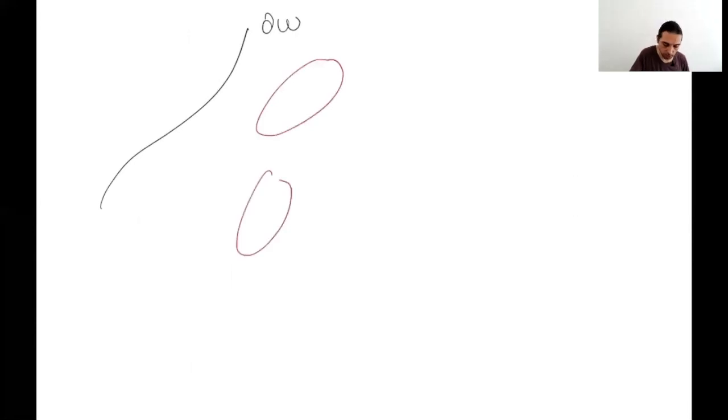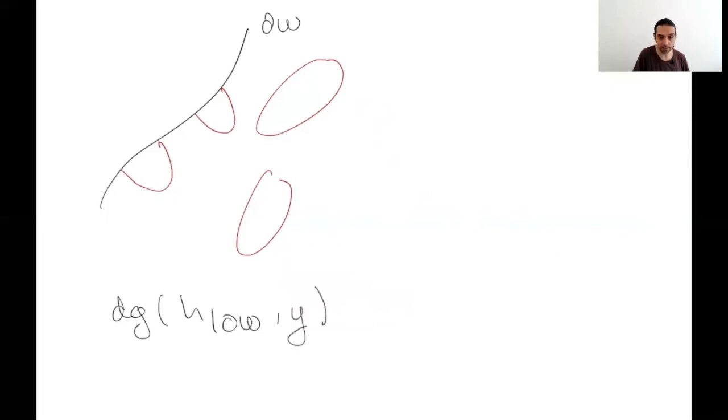Some of them are circles contained in the interior, and some of them are arcs. And what happens when we consider the degree of the restriction of H to the boundary for the value y is that these points in the preimage of y in the boundary of W come in pairs. And in every one of these pairs, in one of those points the degree is 1, and in the other it is -1. So the sum in every pair is 0, so the sum over all points is 0, as we wanted to prove.